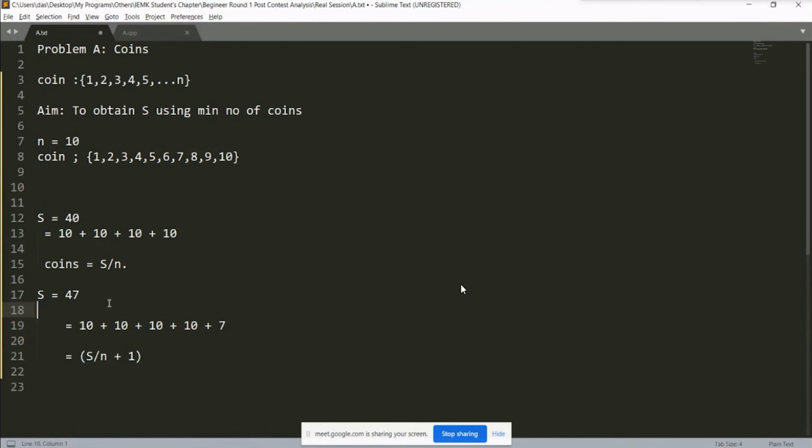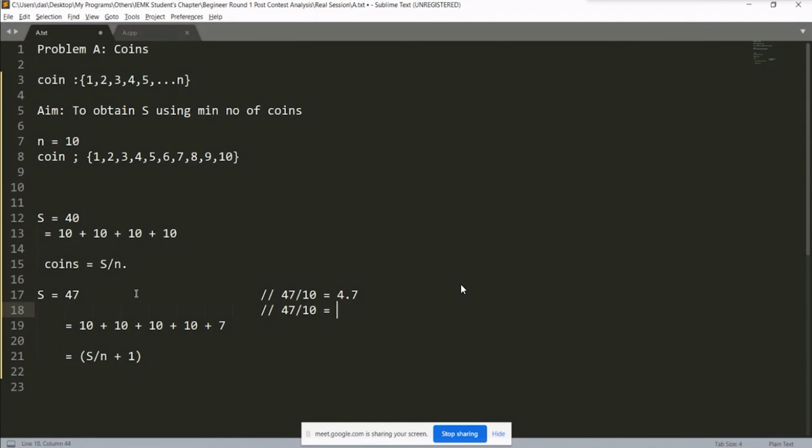One thing to note is that when we are doing programming, unlike in mathematics where 47 by 10 would be 4.7, in C++ or any other programming language, division gives the rounded off value.